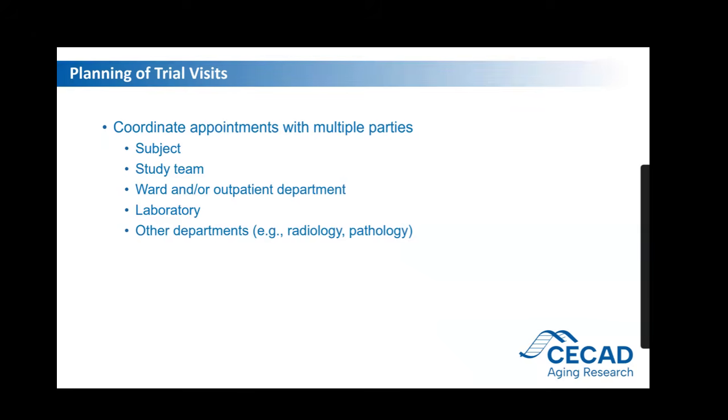You need to coordinate the appointment, of course, with the subject because they need to come to the site for their visit, most probably. It has to be coordinated with the study team, with the ward or outpatient department, the laboratory, and probably also other departments, for example, the radiology in case of a need for a time slot for a CT scan or else.